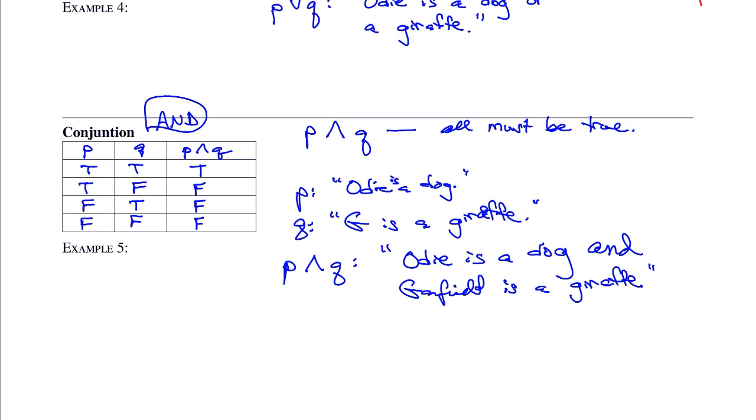All right. Truth statements. Odie is a dog. True or false? Garfield is a giraffe. True or false? Odie is a dog and Garfield is a giraffe. That is false. Both of the statements forming the big one are not true, so they're not both true, so it has to be false. Questions so far? Is this making sense? Isn't this fun? Yeah, okay.